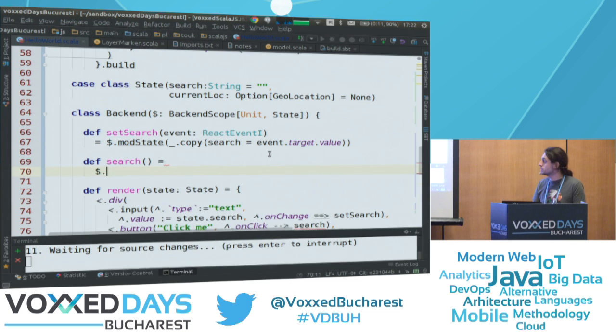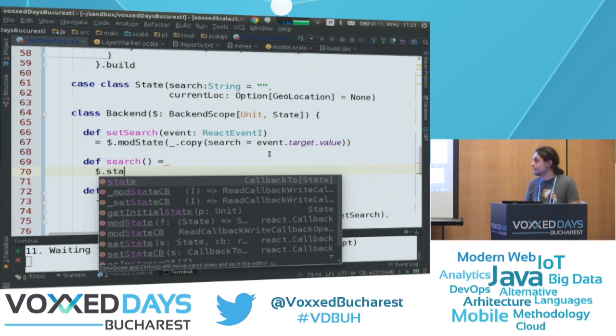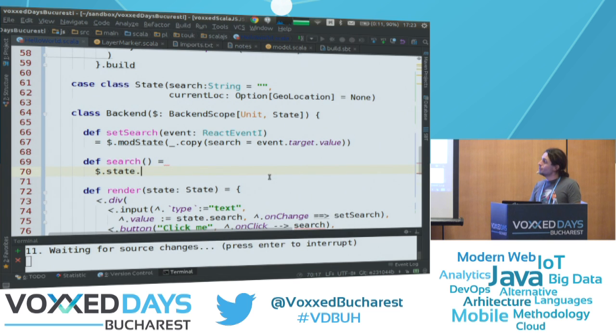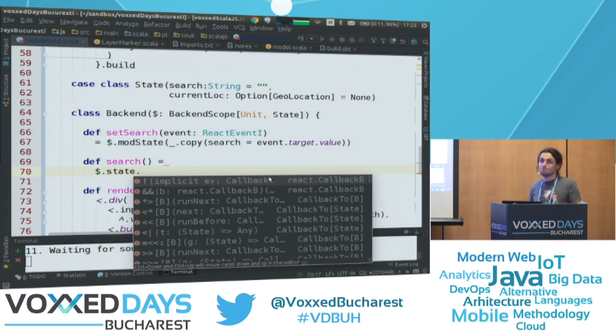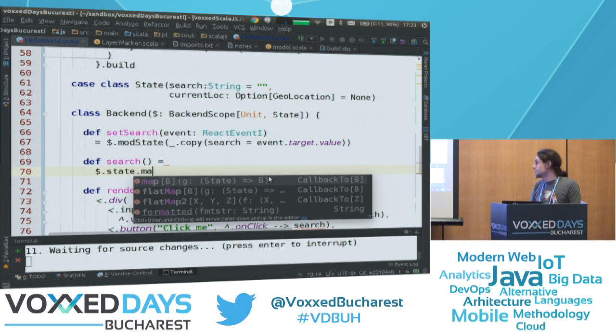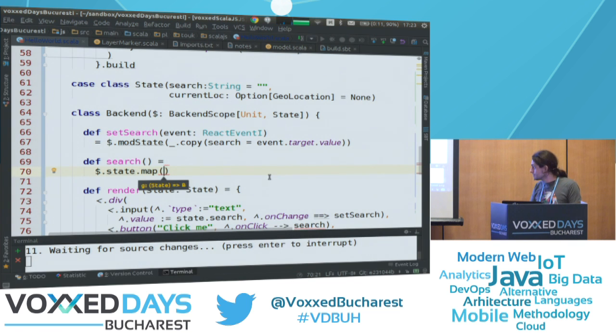So what happens when we search? Well, we have to take our current state, right? To take our current search term, but as I said, we won't be just given the state, but a callback to a state, again some kind of reader-writer method or whatever. But fortunately, we can map.